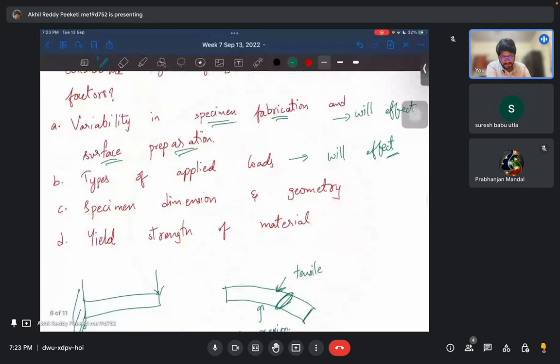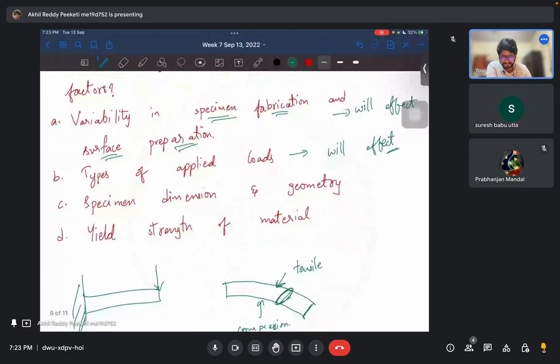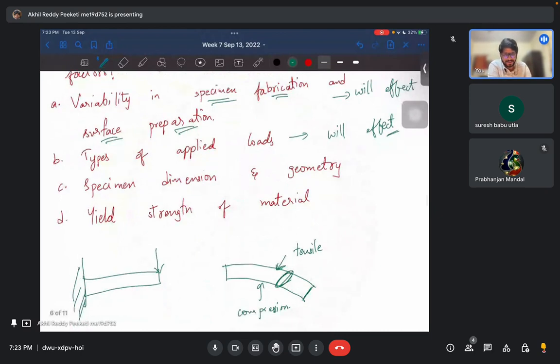So what about dimensions and geometry? Yes. Because in the simple bending case, the bending stress is proportional to the distance from the neutral axis, sigma bending equals My by I, M being the bending moment. So dimensions will also have an effect on the fatigue strength.